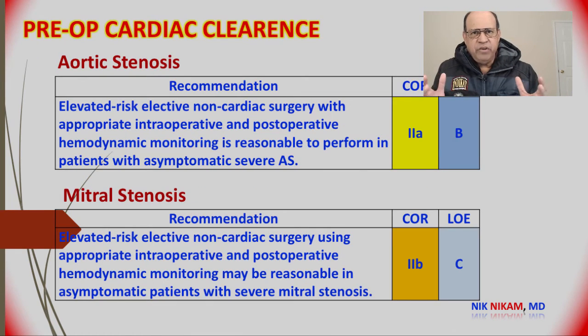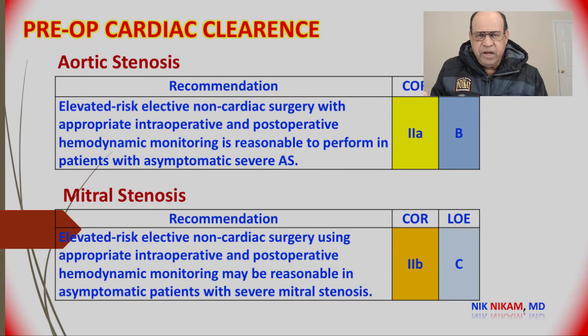A couple of words about critical aortic stenosis and mitral stenosis. Here's the recommendation by the American College of Cardiology in year 2014. Elevated risk elective non-cardiac surgery with appropriate intraoperative and postoperative hemodynamic monitoring is reasonable to perform in patients with asymptomatic severe aortic stenosis or severe mitral stenosis.